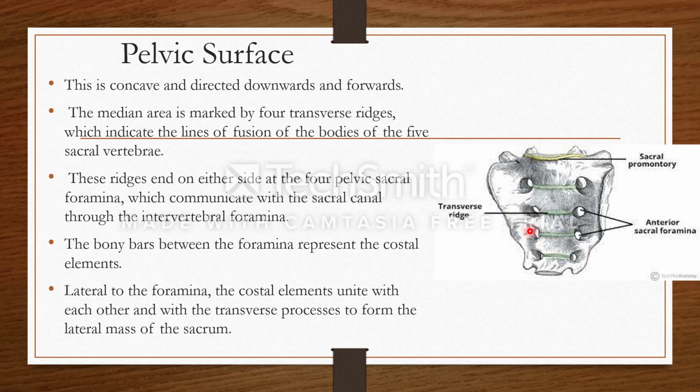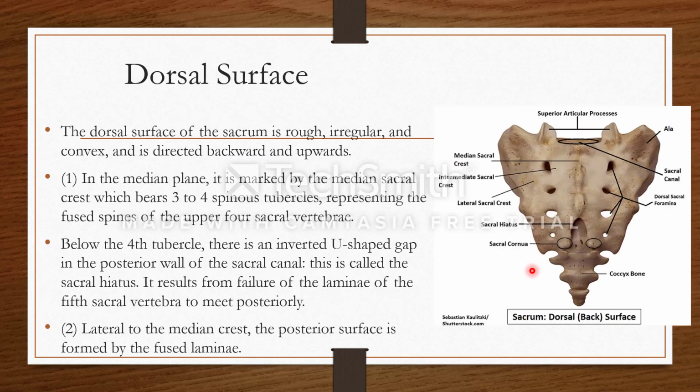See here, these are the costal elements, lateral to the foramina. These costal elements fuse with the transverse processes to form the lateral mass of the sacrum.